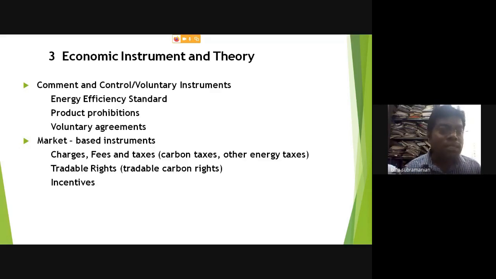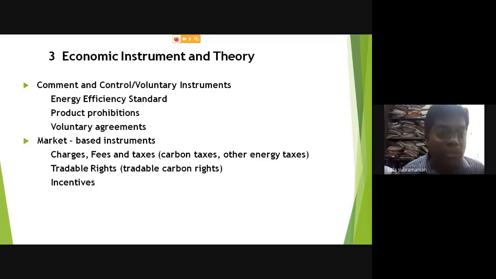The second is product prohibitions, and the production possibility curve. For example, a company wants to produce at a maximum level, but at the same time consumers want to consume their maximum.